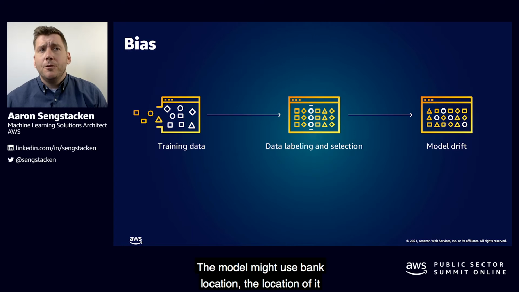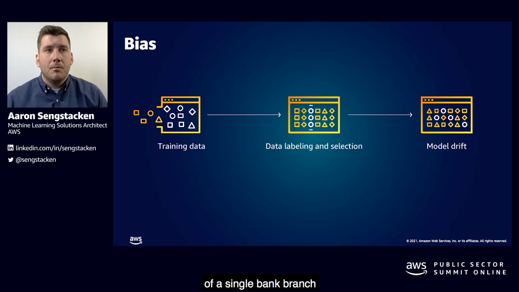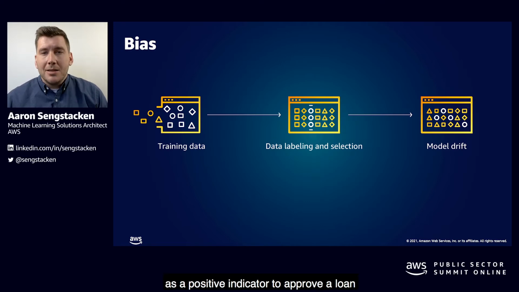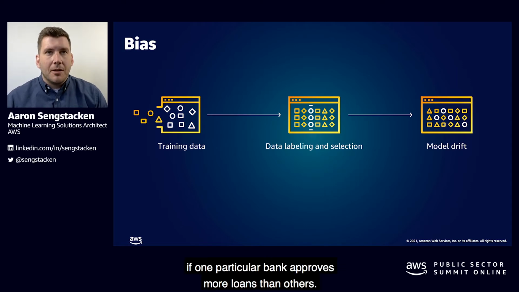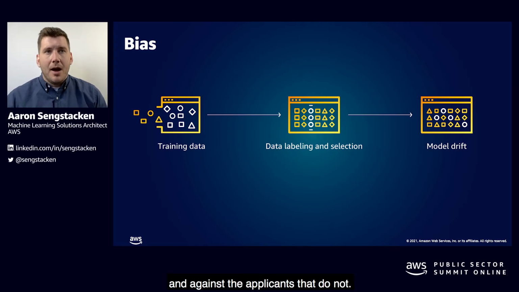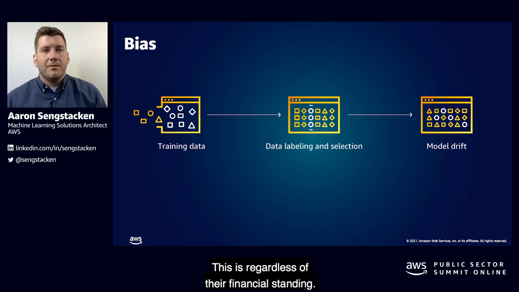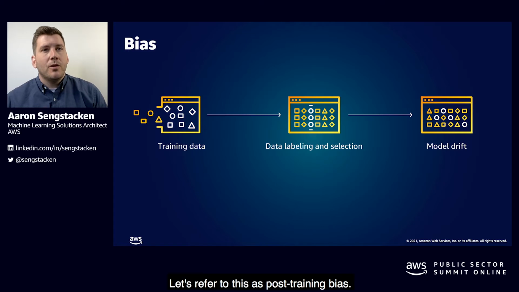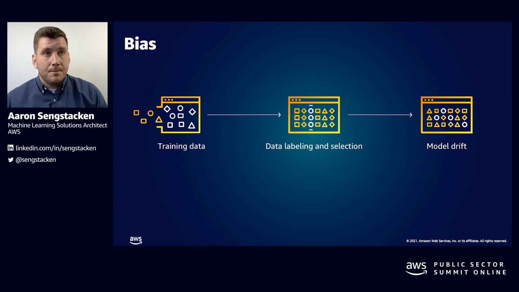The model might use bank location, the location of a single bank branch, as a positive indicator to approve a loan as opposed to the actual financial data if one particular bank approves more loans than others. And in this case, the model has become biased towards the applicants that apply at that location and against the applicants that do not. This is regardless of their financial standing. Let's refer to this as post-training bias.